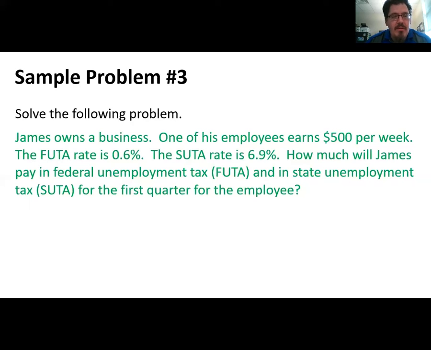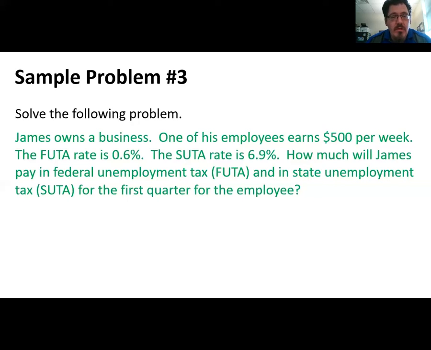And generally what happens is this tax is paid on a quarterly basis. So based on the amount of income that your employees bring in, that's how we calculate how much you would have to pay to the federal government or to the state government in unemployment tax, okay?